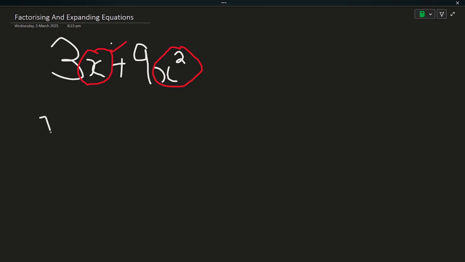We're going to be taking the x in the first term, since it's the highest common factor, because x can go into x to the power of 2.